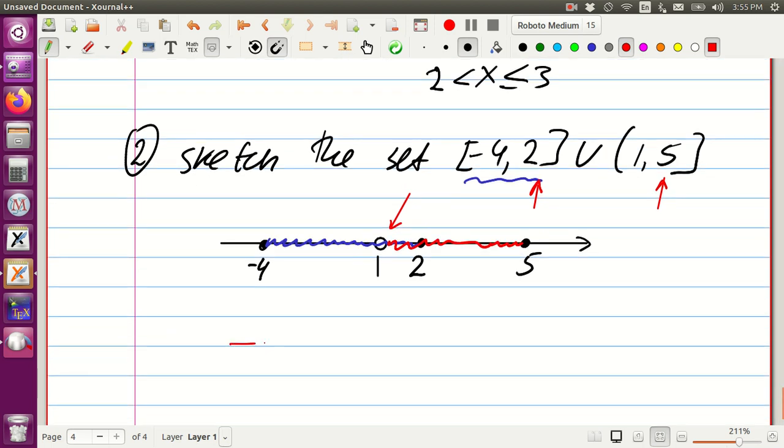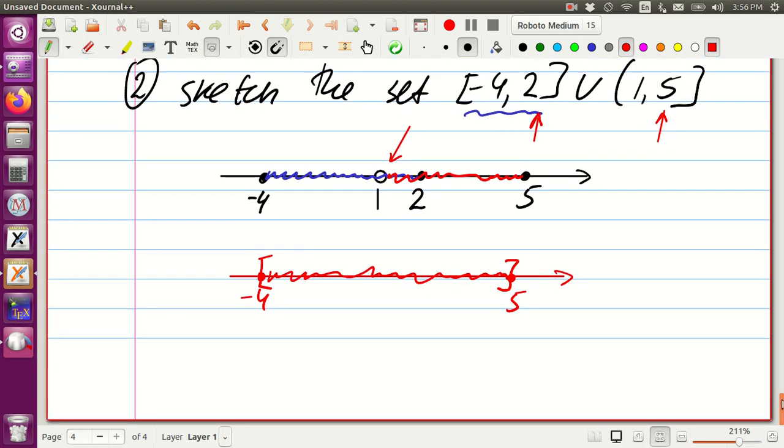Conclusion: our answer will start at -4 and will go all the way to +5. We include -4 because it works for the first one. We include +5 because it works for the second one. And we take everything in between. It works for one or the other set.